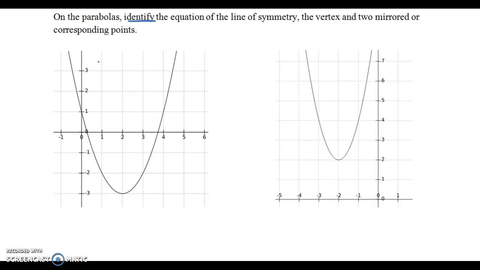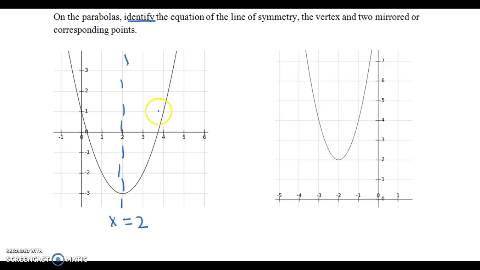Okay? Well, if you remember, symmetry is that line where something mirrors itself. It's exactly the same on both sides of the line of symmetry. If I look at my first parabola, the line of symmetry is right down here. That means that that is the vertical line that has the equation x equals 2.